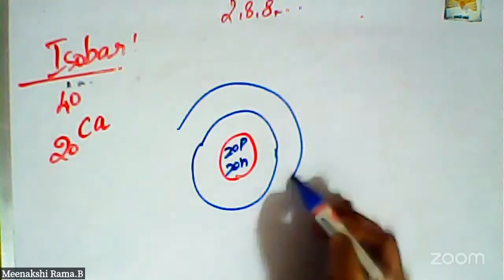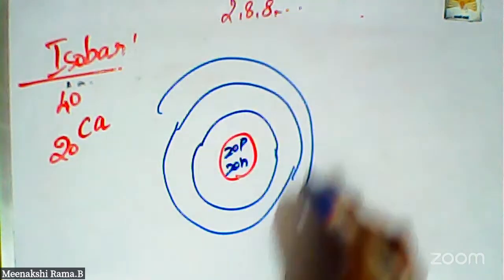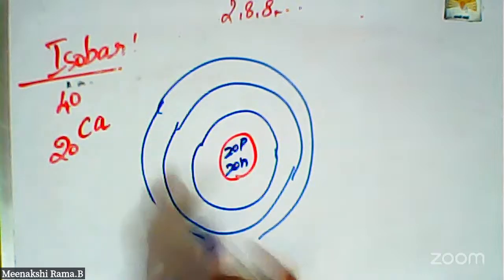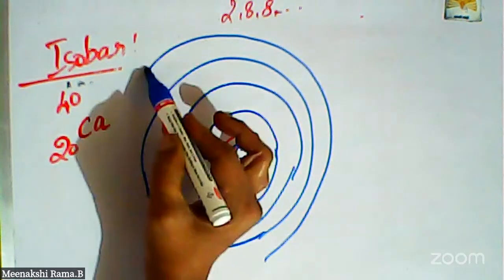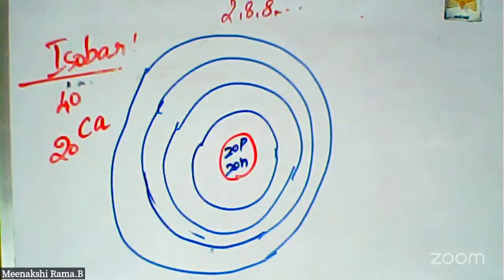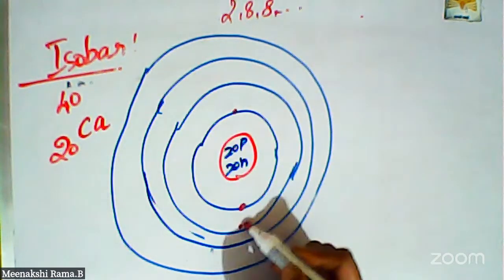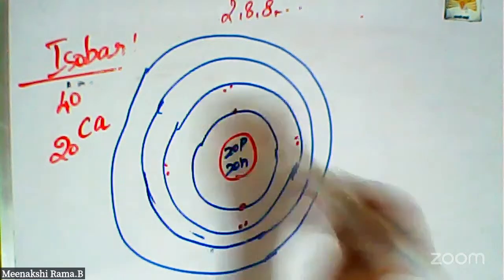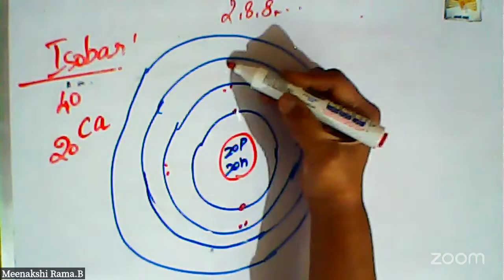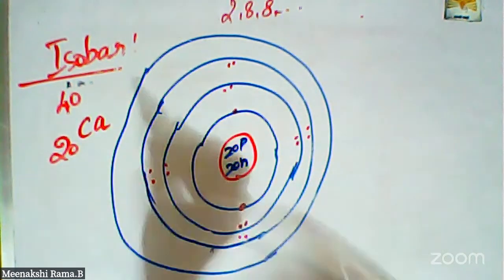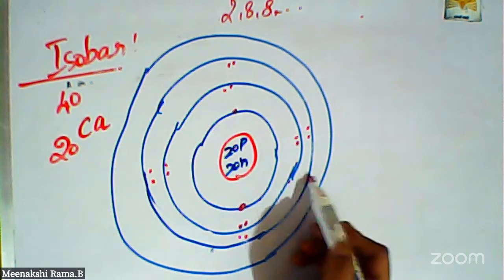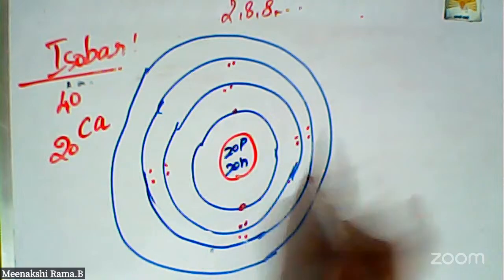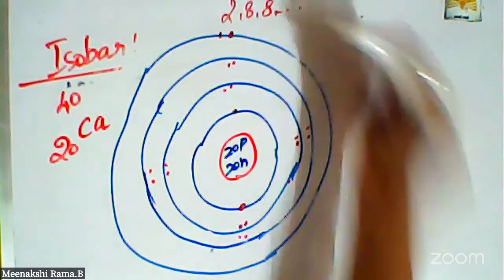First, second, third, and then fourth, because the number of electrons is higher. The first orbit contains 2 electrons, the second orbit contains 8 electrons, so 2 plus 8 is 10. The third orbit has 8 electrons, 10 plus 8 is 18, and the remaining 2 electrons are in the last shell.